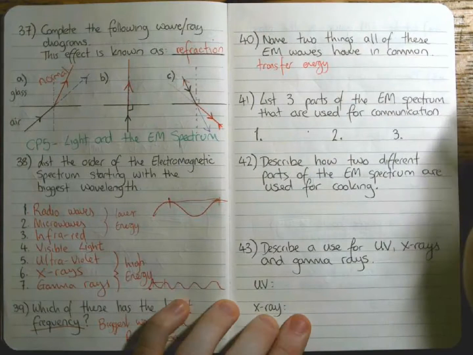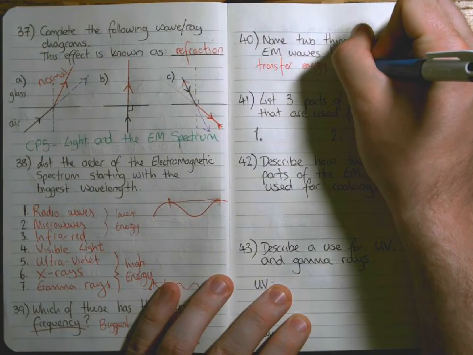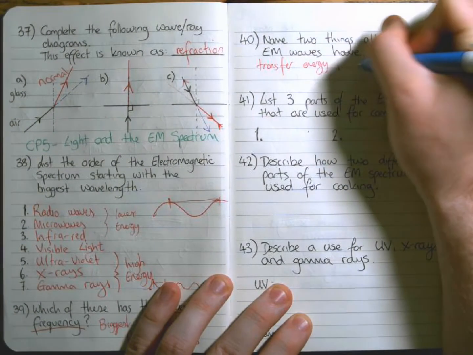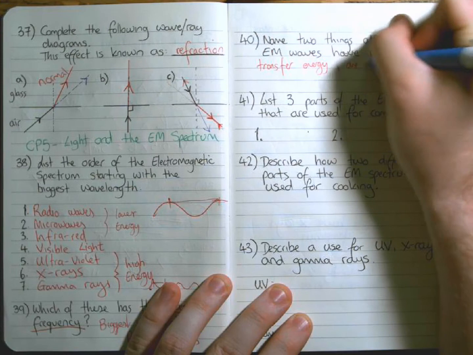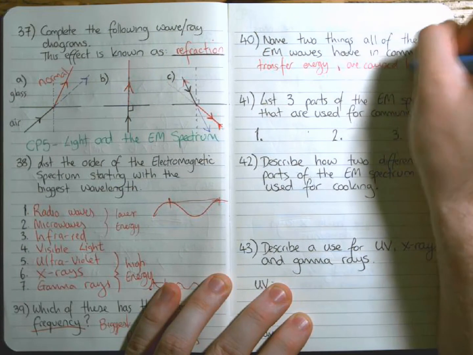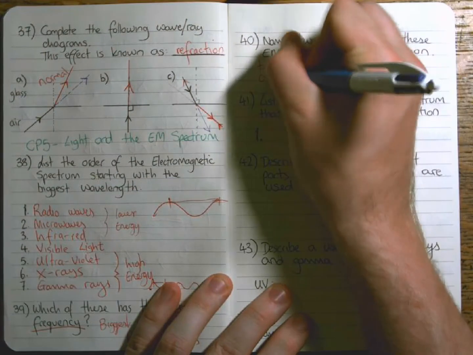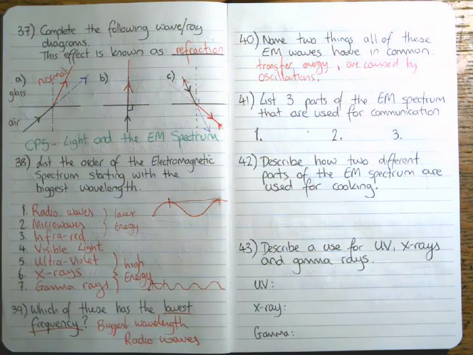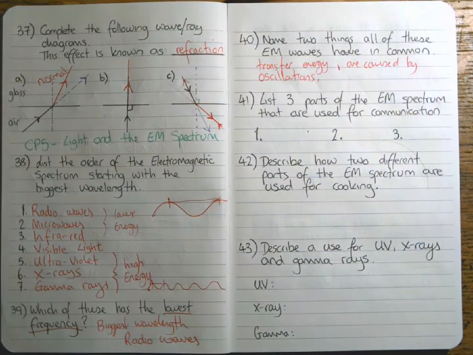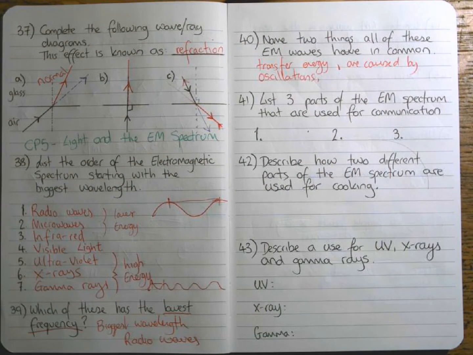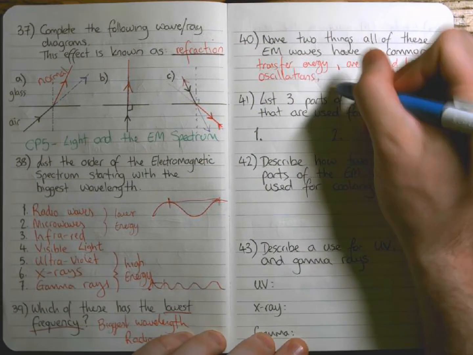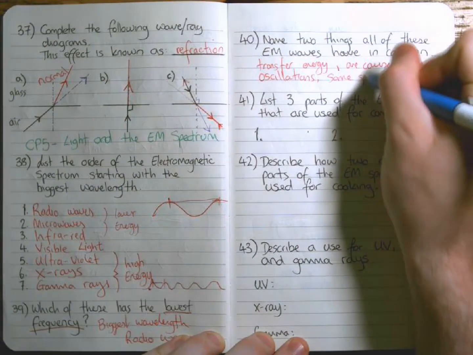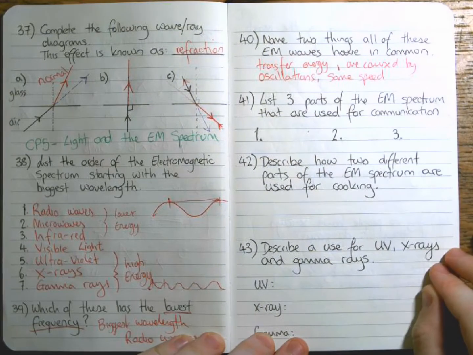We could say they all are caused by oscillations. So there has to be some sort of vibration that causes the wave to be created. We can also say that they all move at the same speed, because all of these are going to move at the speed of light.